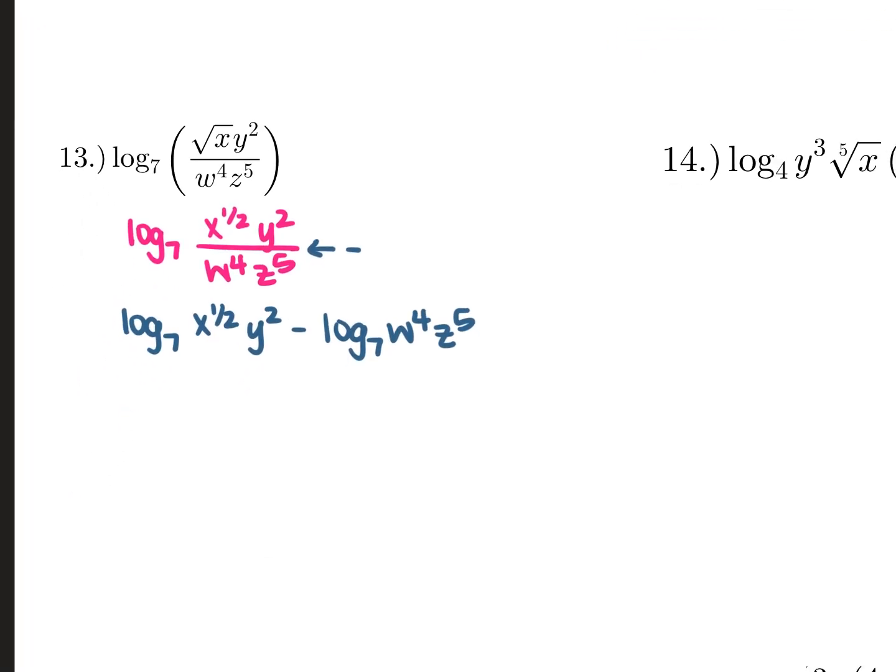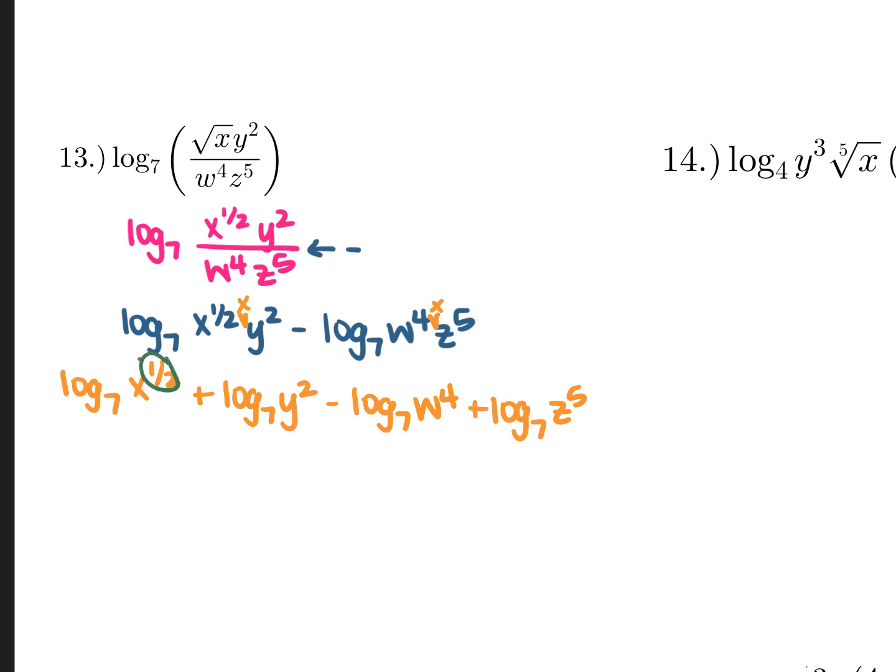Next, you have multiplication. So rewrite that using addition. So it's going to give you log 7 of x to the power of 1/2 plus log 7 of y squared minus log 7 of w to the 4th plus log 7 of z to the 5th.